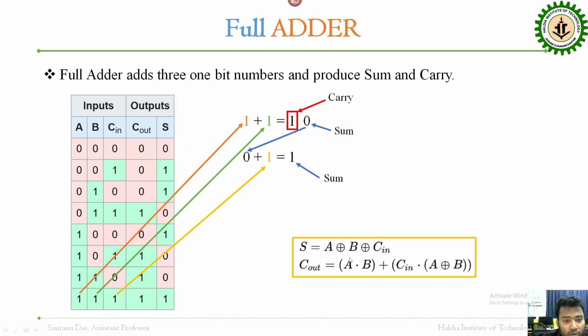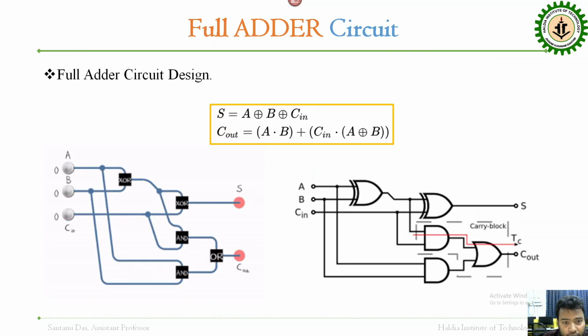Let's see how the circuit looks like. Here you can see our result for sum is A XOR B XOR C. Here A, B and C are our input.